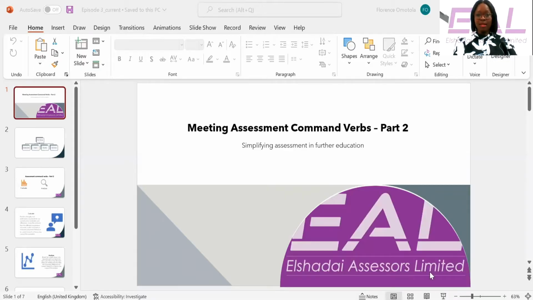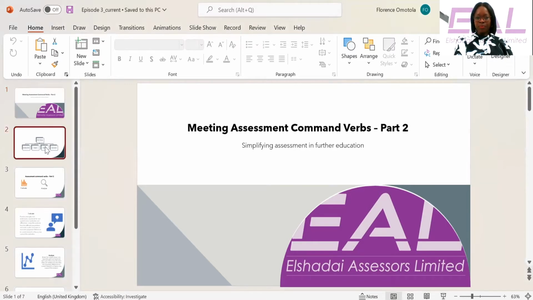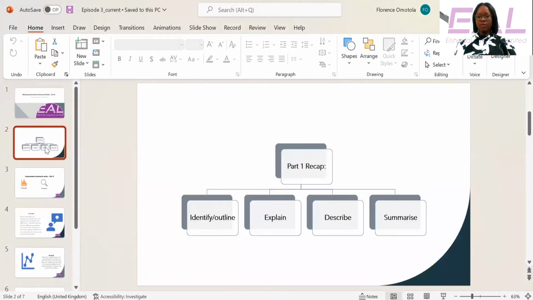Like I said, this is part two of meeting assessment command verbs. So again, I'm going to give a quick recap of the command verbs that we dealt with in our last video.